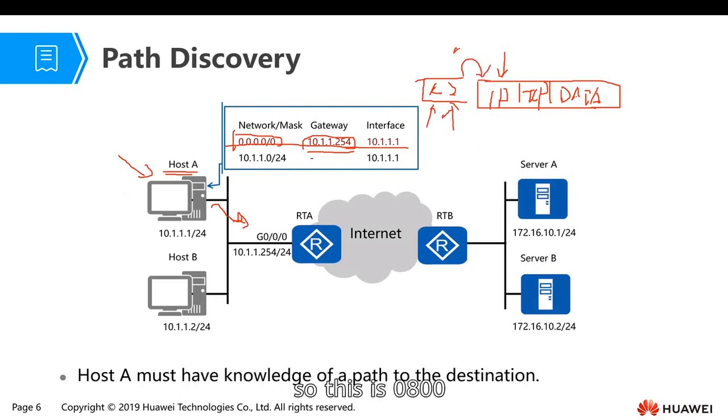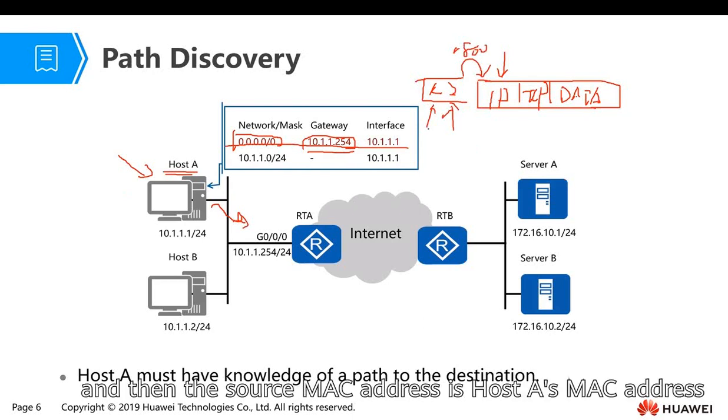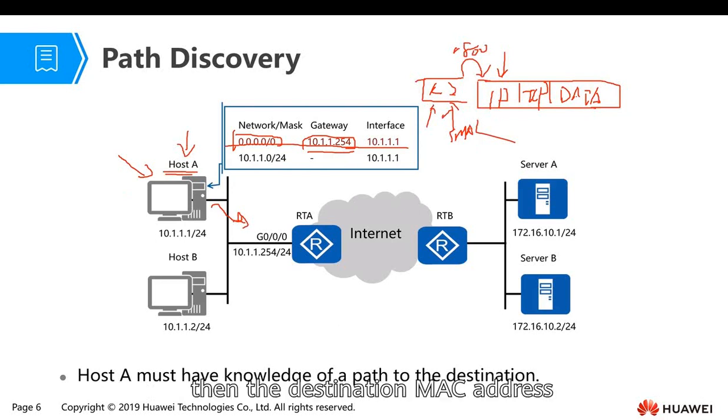So this is 0800. Then the source MAC address is host A's MAC address. That's simple. Then the destination MAC address is the gateway's MAC address.